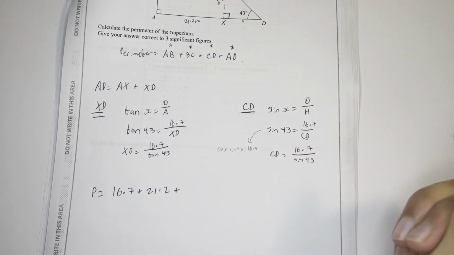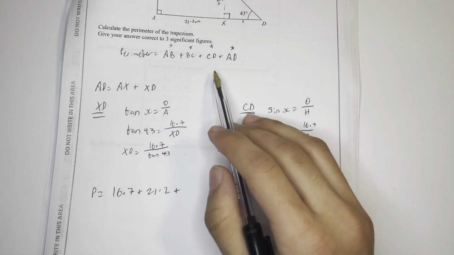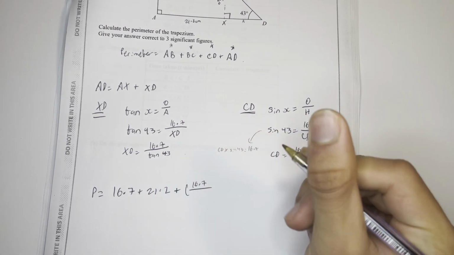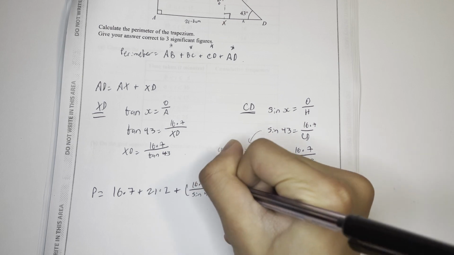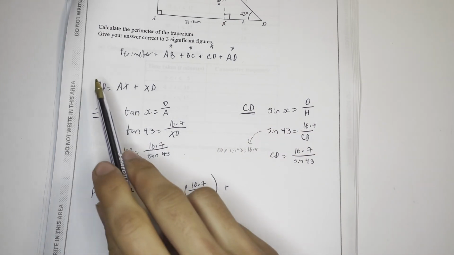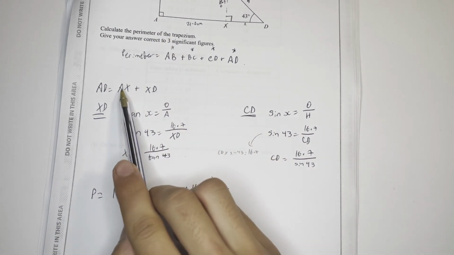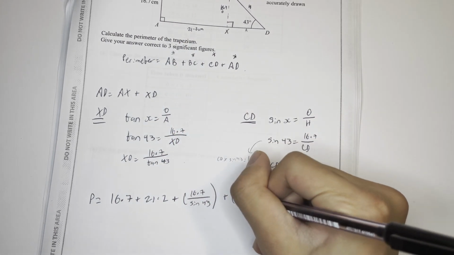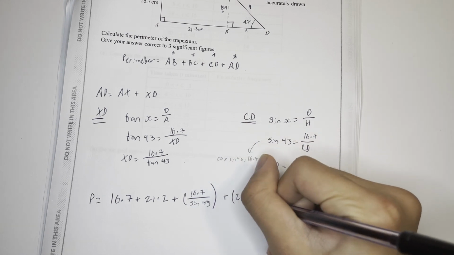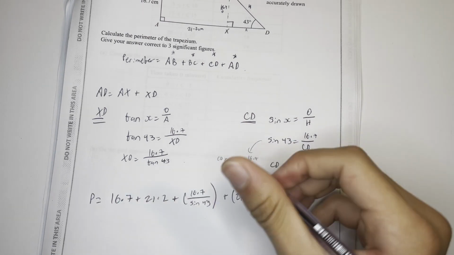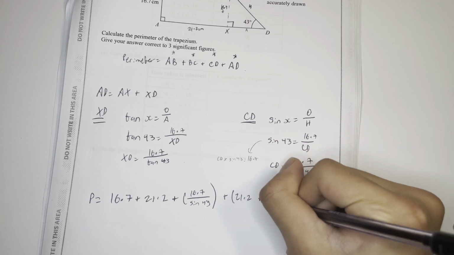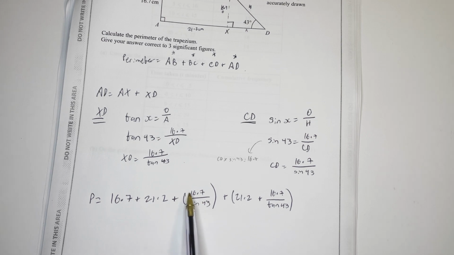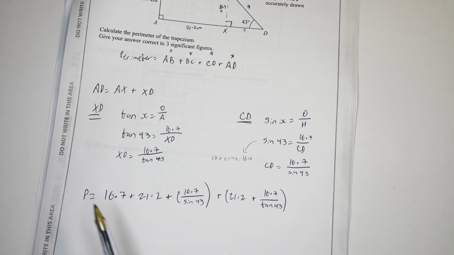This must also be added to CD, which we've worked out as 16.7 over sine 43, added to AD, which is equal to AX plus XD, which is equal to 21.2 plus XD, which is 16.7 over tan 43. So this is our expression for the perimeter.